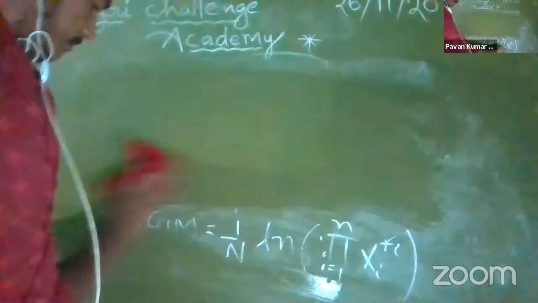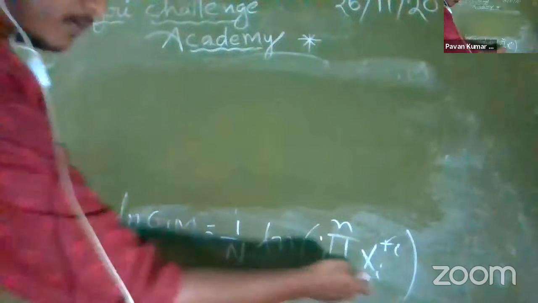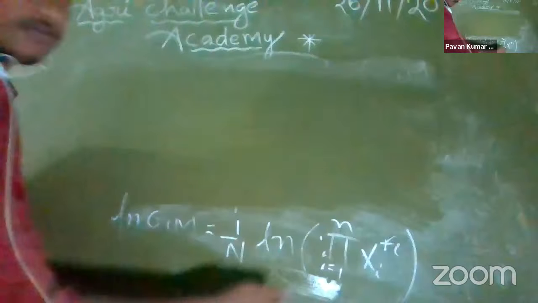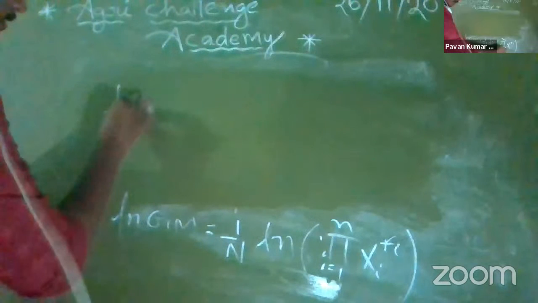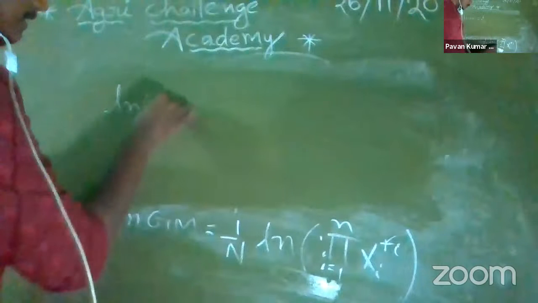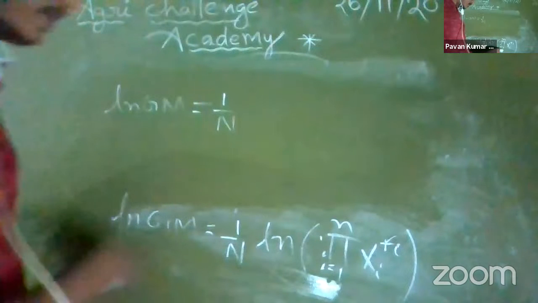Now use that formula, that ln of a product of observations equals the sum of logarithms of those observations. So ln gm equals 1 by n, ln of the product of xi, summation of ln xi raised to fi, i equals 1 to small n.